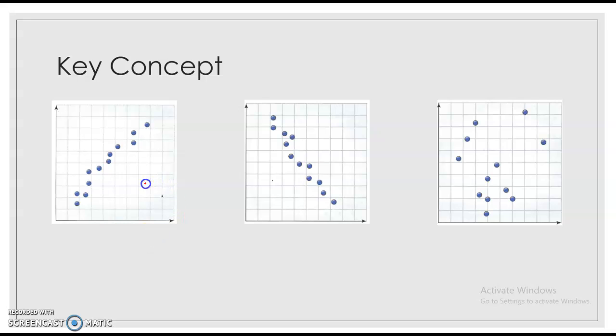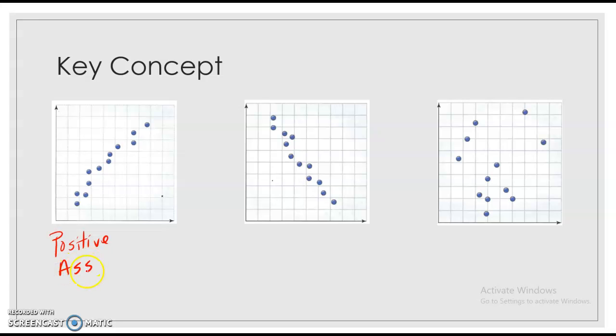Basically, it's when our points aren't really clustered, but there's this correlation that as x increases, y increases. So if as x increases, y increases, that's a positive correlation or association.